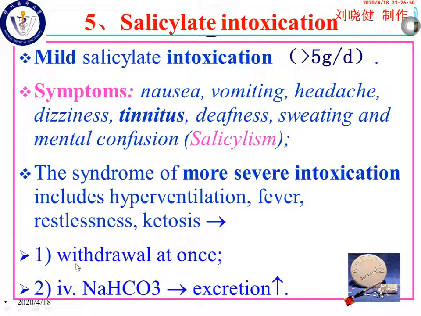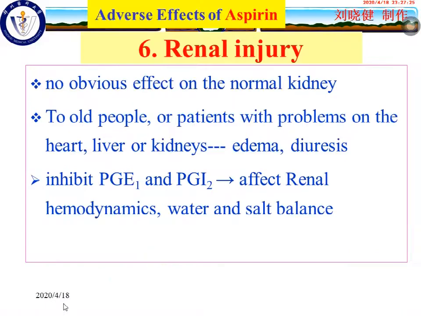And the next one, more important, is intravenous injection of sodium bicarbonate to increase the pH value of the urine and then promote the excretion of aspirin. Remember, I mentioned aspirin is an acidic drug. So increase the pH value of urine by intravenous injection of sodium bicarbonate. It can promote excretion of aspirin because of ion trapping. Remember that?